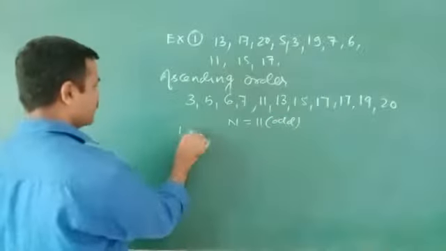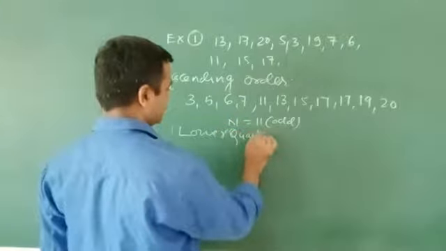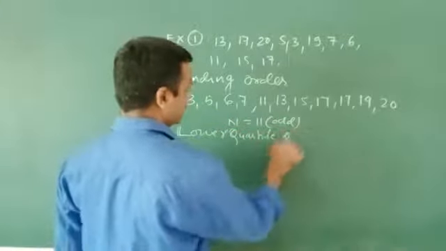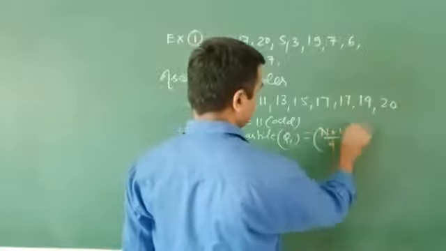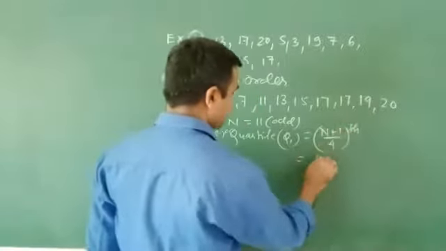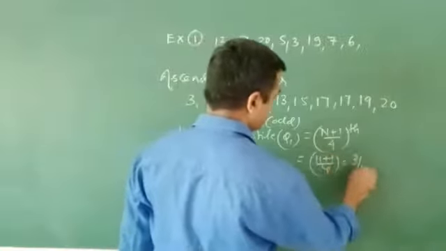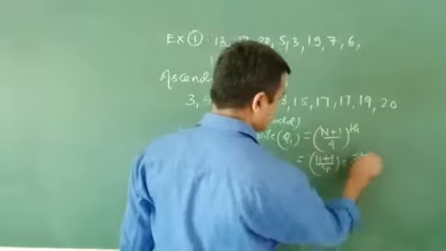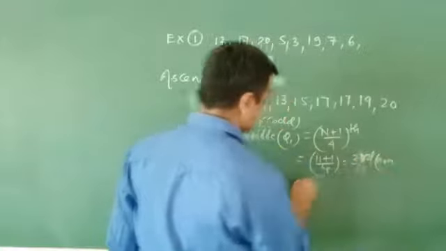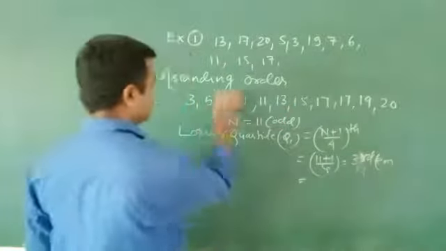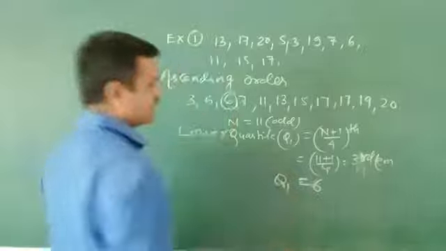Then the lower quartile Q1 equal n plus 1 divided by 4. So 11 plus 1 divided by 4, 12 by 4 equal 3. For the third term, 1, 2, 3. The answer is 6. So the Q1 is 6.